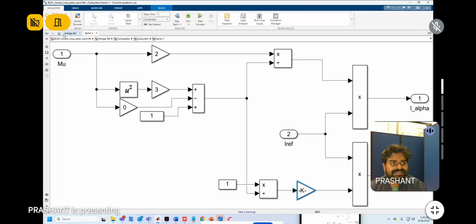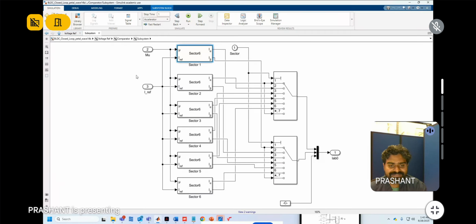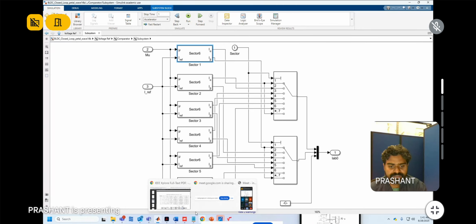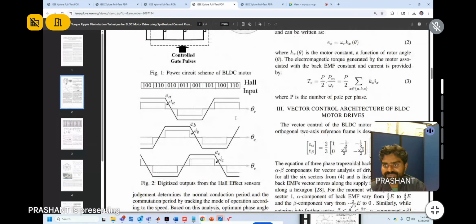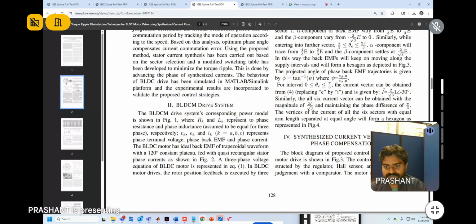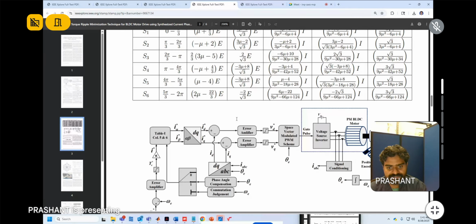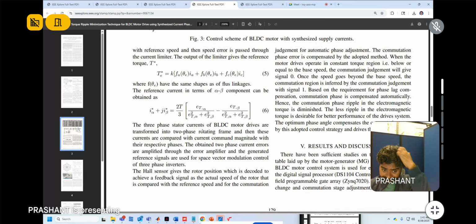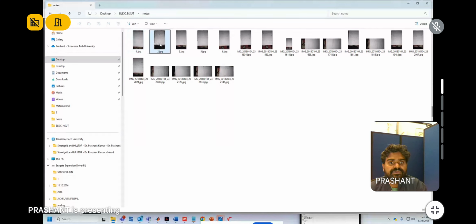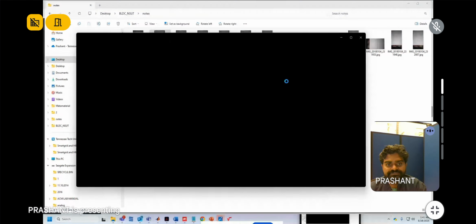From somewhere I was getting mu. Mu was a common term in all the equations, whatever equations I was obtaining. Let me go through my original documents.